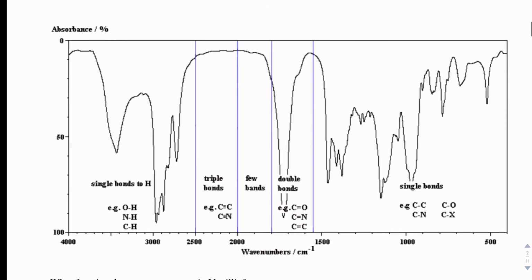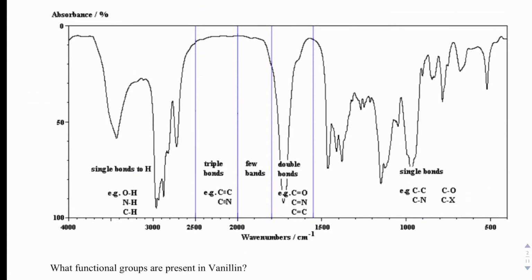So looking here, how I'm going to break this apart is around maybe 1400 wave numbers, and we'll talk about what that is. This is going to be called the fingerprint region.